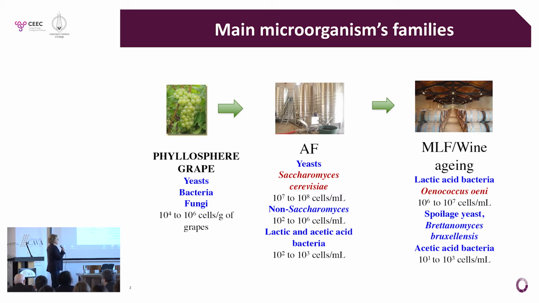And sometimes, even often, some spoilage microorganisms occur during the wine aging process. One main spoilage is a yeast species, which is Brettanomyces bruxellensis. I will give you a few words on that species later. And of course, we can also have acetic acid bacteria.